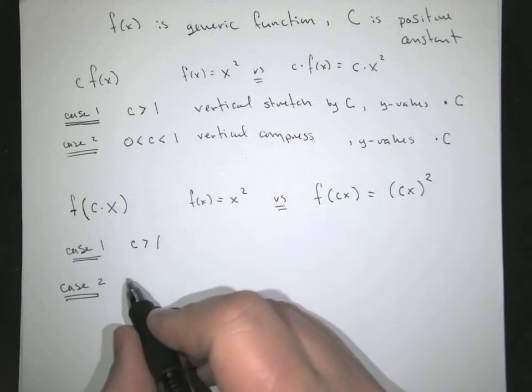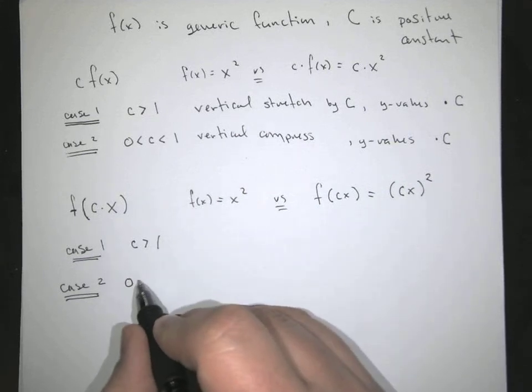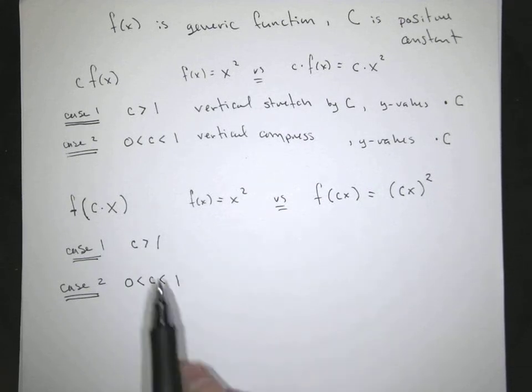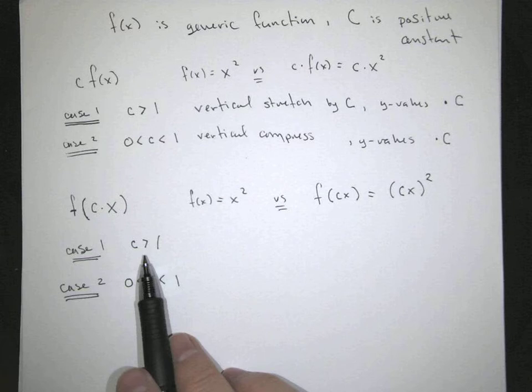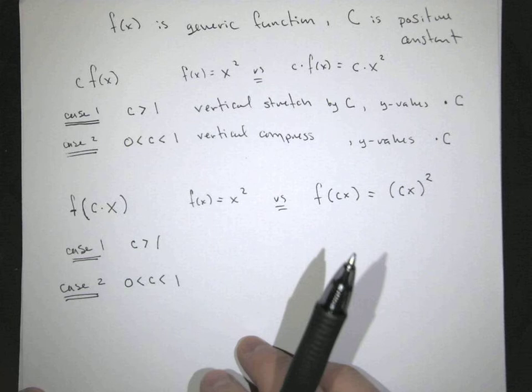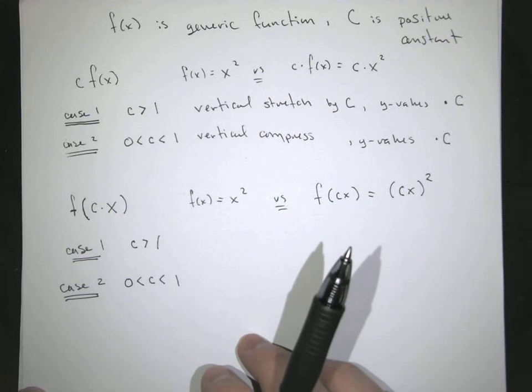So what's happening here with our horizontal stretches is, if we multiply on the inside by something larger than 1, we're increasing our x values, doubling, tripling, multiplying by 10, so we go through them faster.